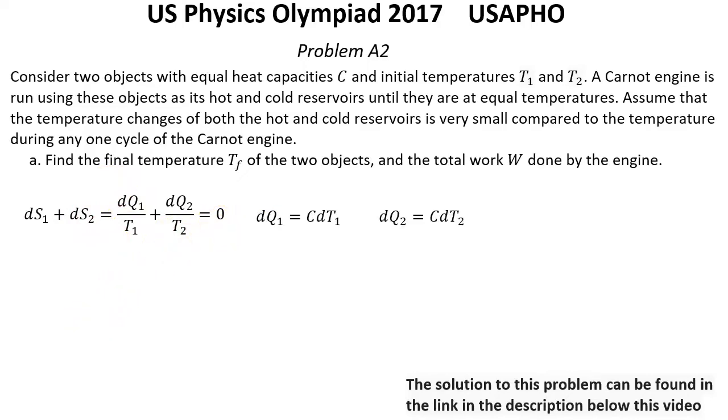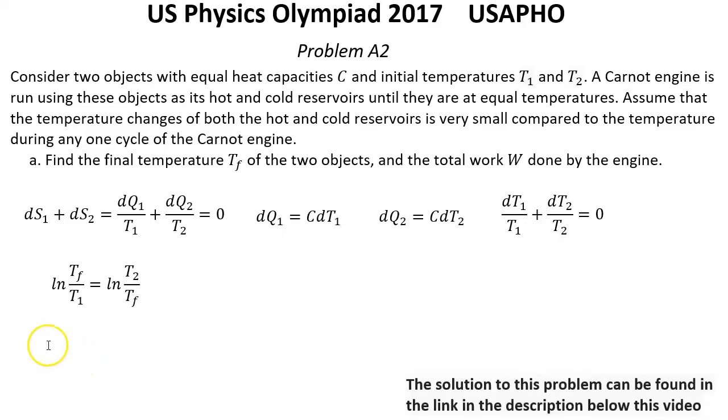And now, because the heat capacitance is the same for both objects with the temperatures T1 and T2, we have dQ1 equal C dT1 and dQ2 equal C dT2. Now we can put them in this equation and find that during one cycle we have this equation where delta T1 and delta T2 are very small, and we can integrate the whole process.